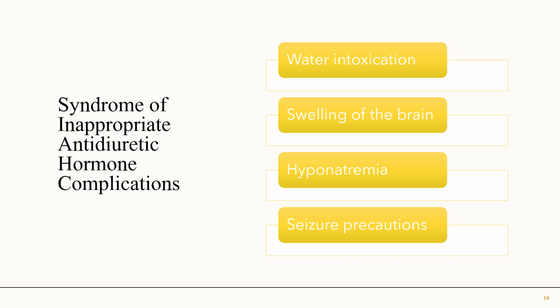Nurses must focus on catching problems early by closely monitoring for signs of water intoxication, like crackles in the lungs, distended neck veins, swelling, decreased urine output, or changes in mental status like confusion, headaches, twitching, or disorientation. Seizure precautions must also be in place, and blood sodium levels must be checked regularly. Patients should be educated on the importance of strictly following fluid restrictions to help prevent their condition from worsening.